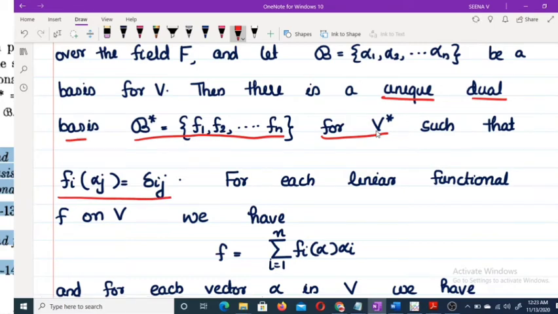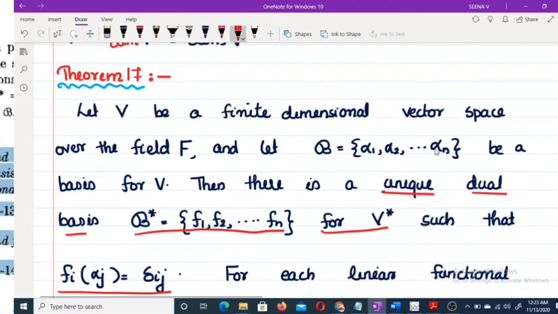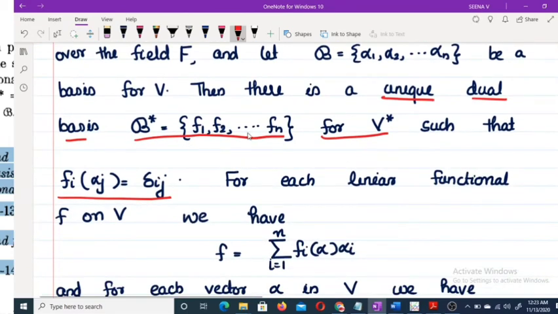That means for alpha 1, alpha 2, etc., alpha n, you can find f1, f2, etc., fn such that fi satisfies this condition, and this forms a basis for V star.